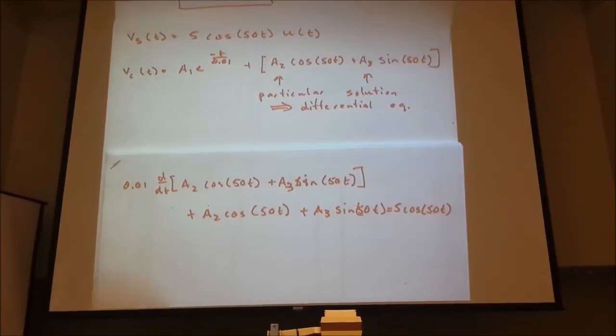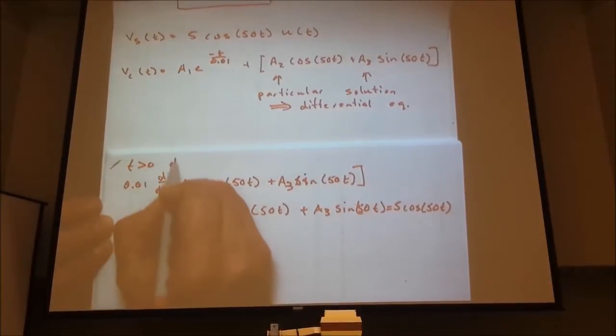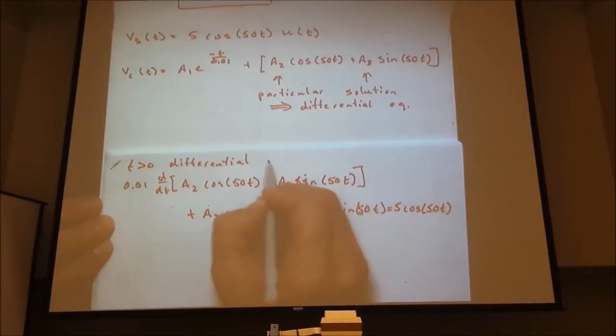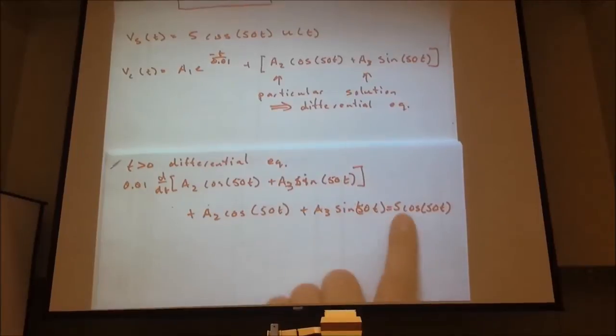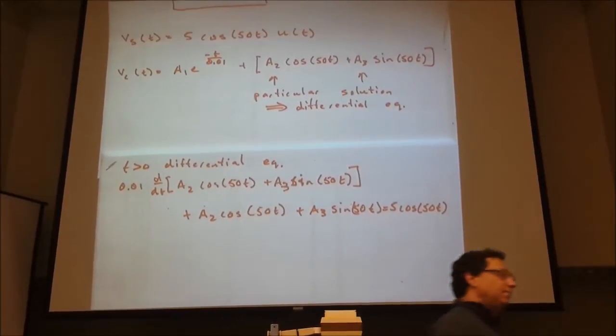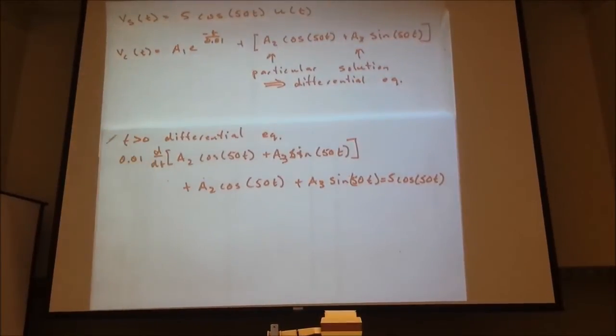And again, this is the t greater than 0 differential equation. This is why we have our source term. How do we solve this? Well, you match up cosines and you match up sines. So you wind up with two, I guess, independent terms.